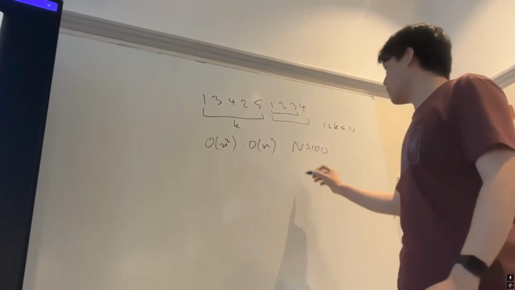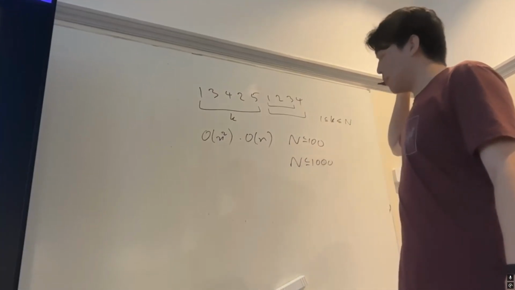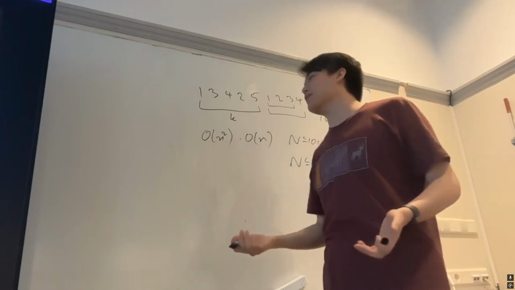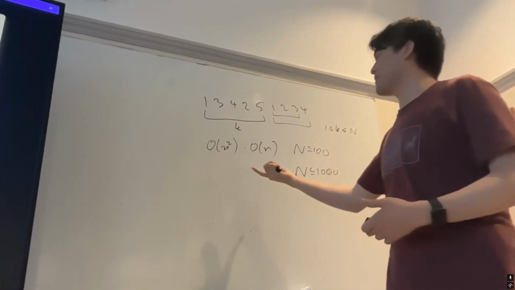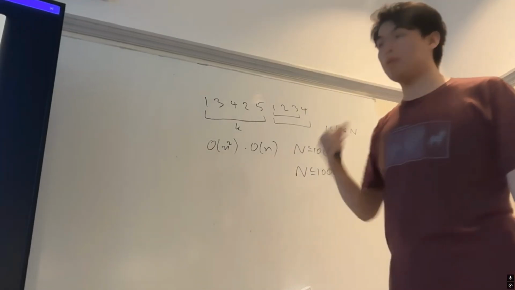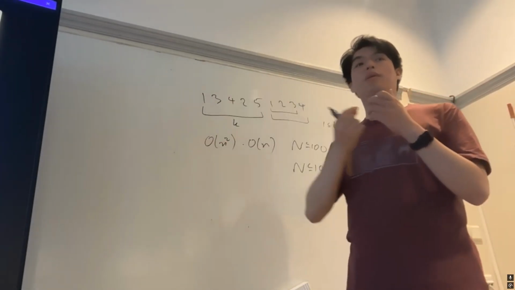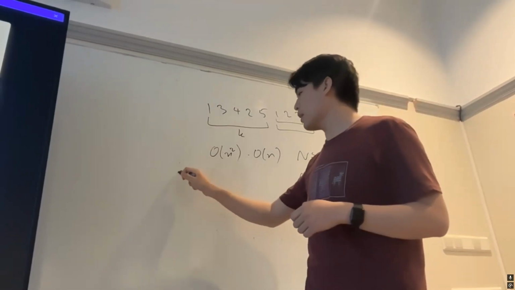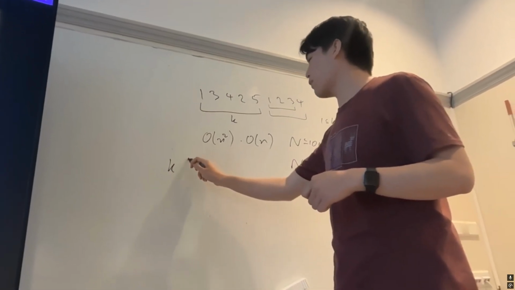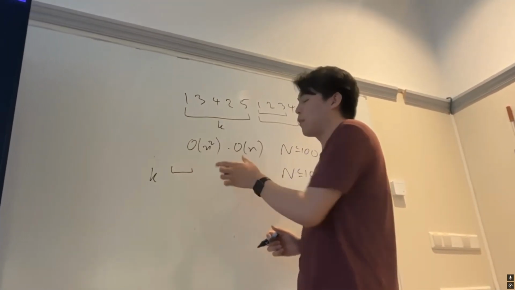To solve the next subtask, which was when n was less than 1000, meaning that we want some kind of quadratic solution, we want to somehow make this more efficient. And one way to do that is that we can, for each k, do some sliding window solution. So we fix the k, and then we want to check for all size k intervals if they form a permutation.